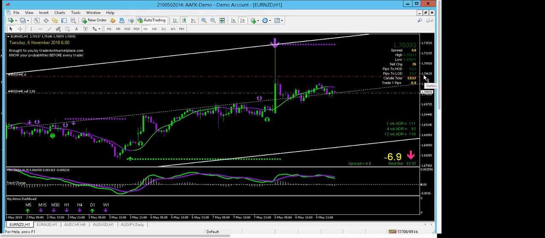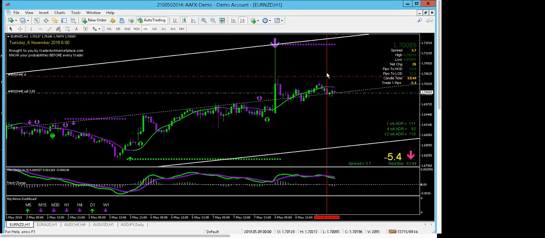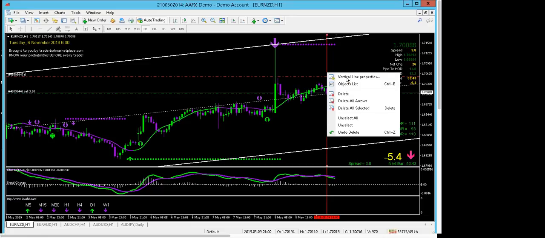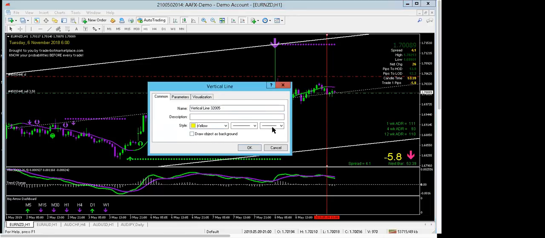But anyhow, I want you guys to look at this trade real quick. The reason why we're taking this trade, okay? What do we see right here where I drew this red line? Let me make it yellow so it stands out. I'm gonna make it thicker.